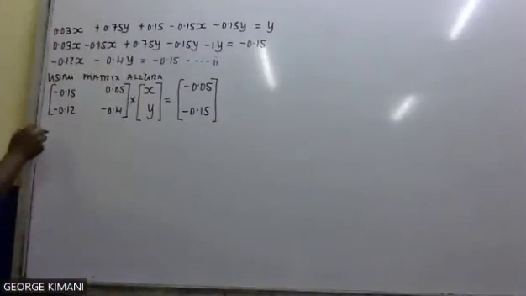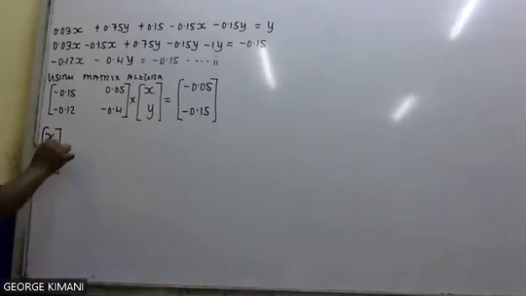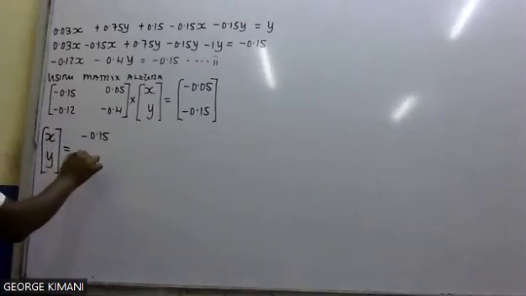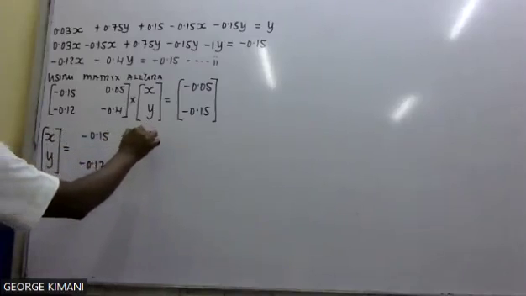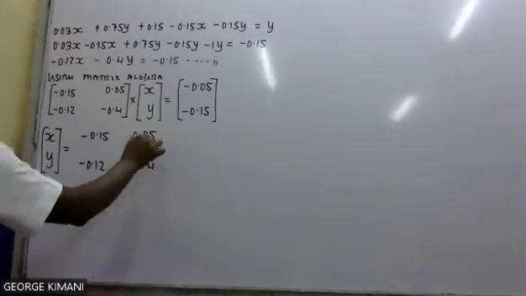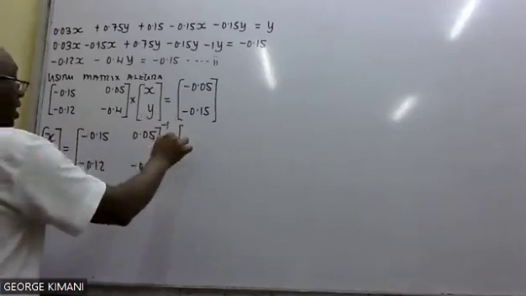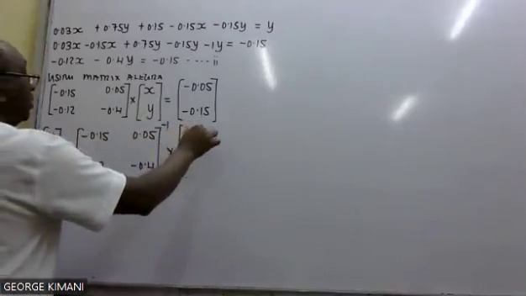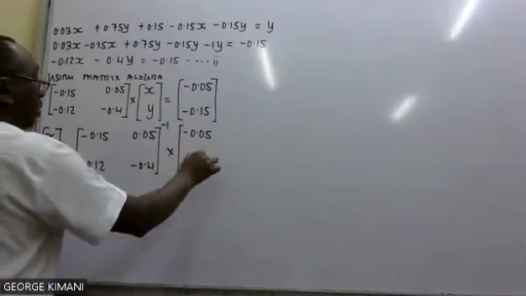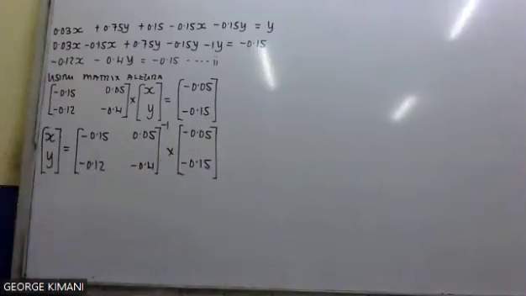So this becomes x here and y here to be equal to minus 0.15, minus 0.12, 0.05, minus 0.4, inverse multiplied by minus 0.05, minus 0.15. So we get the determinant.